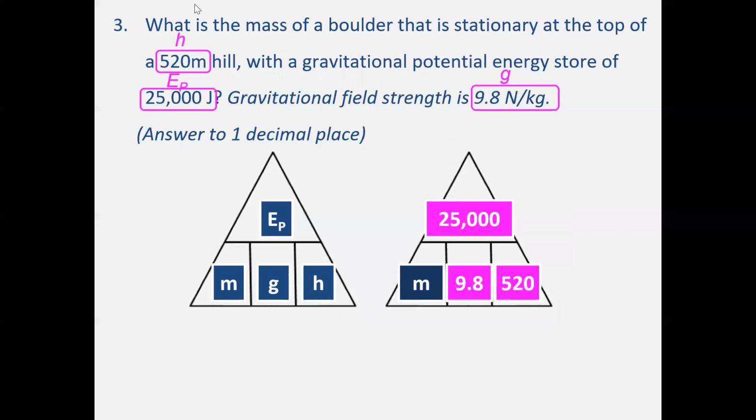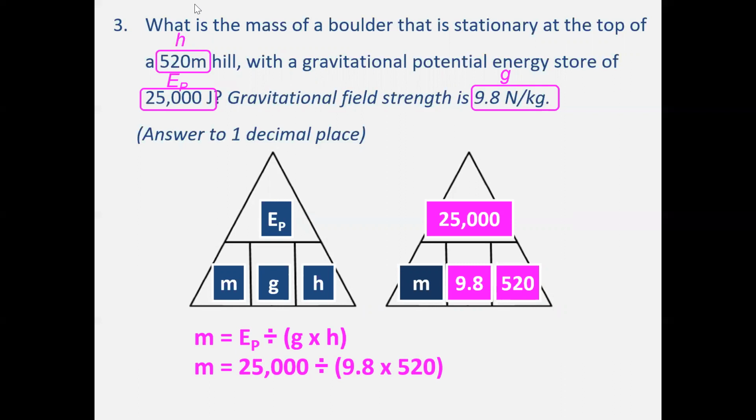So how would you rearrange that equation? Well, you would cover up the mass, and that would leave you with 25,000 divided by 9.8 times 520. And that would give you a mass of 4.9 kilograms. So it's not a particularly big boulder.